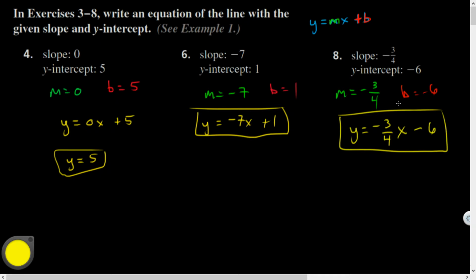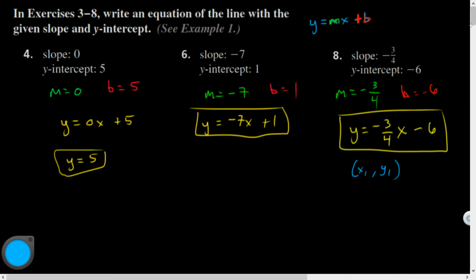And that's because as an equation, it represents all combinations of points (x1, y1) that will make the equation true. There are infinitely many points on the line, and there are infinitely many combinations of x and y that will make this equation true. So that's why we leave them generically as x and y. If I plugged in numbers there, I would be talking about one point and not a line.